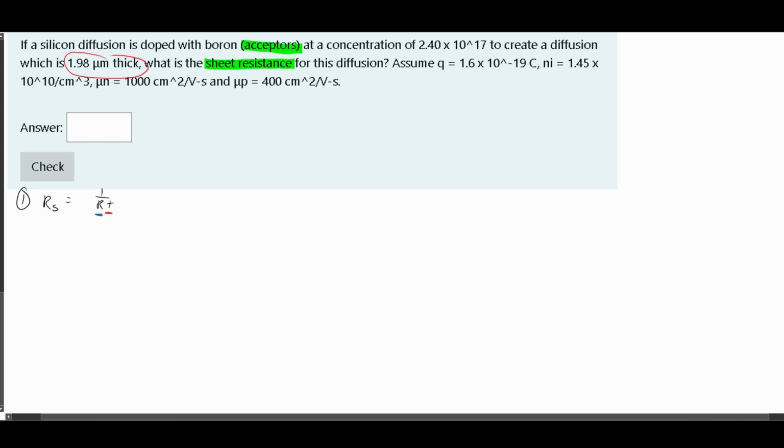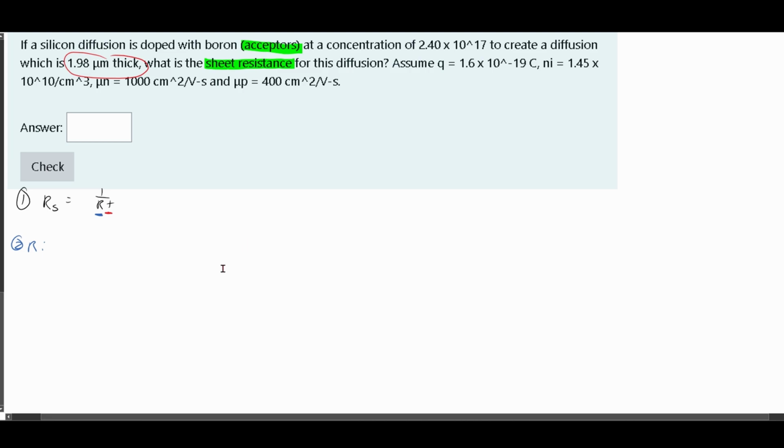Well, what about this R right here? This R by itself is something important to remember because we covered this on approximately page 29.